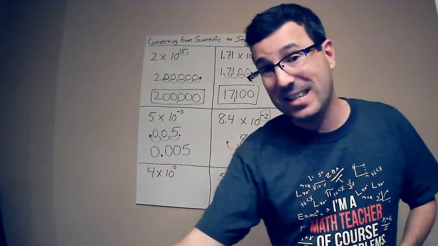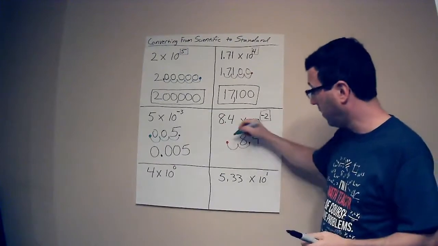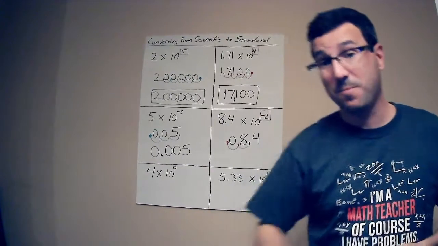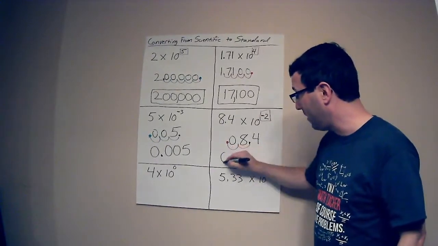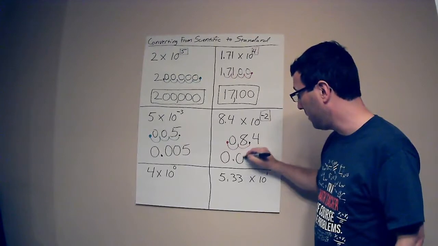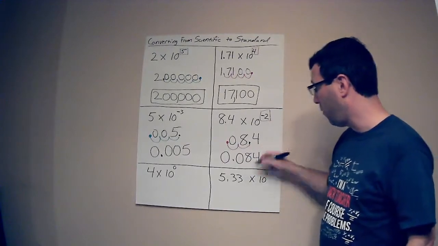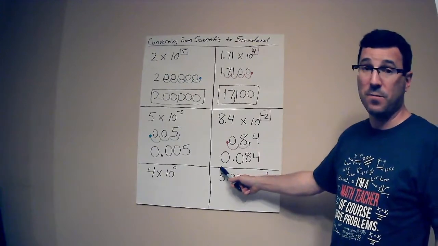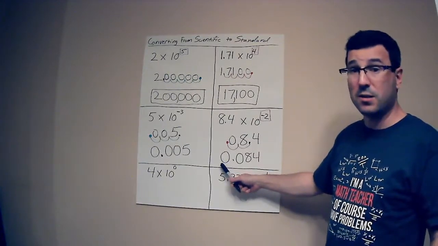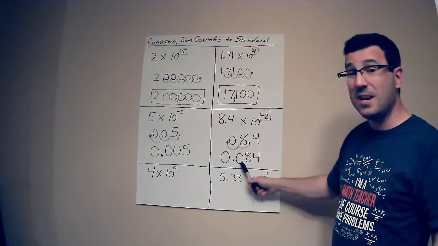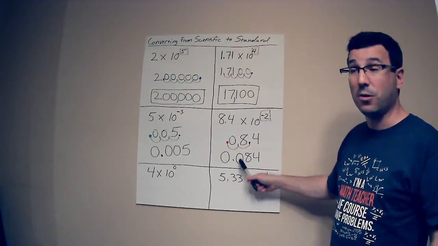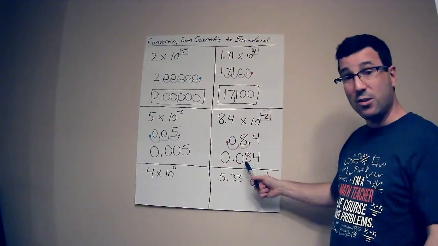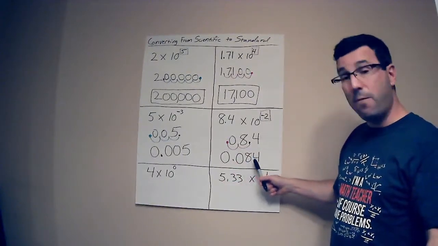The 8 takes up one of those places, so we fill in with a 0 between it and the decimal. Then I rewrite it: 0.084. This 0 directly to the left is not 100% necessary. Some people decide to write it, some people don't. This one right here is a placeholder. It's giving a space between the decimal and the 8, so we know that this is 84 thousandths.